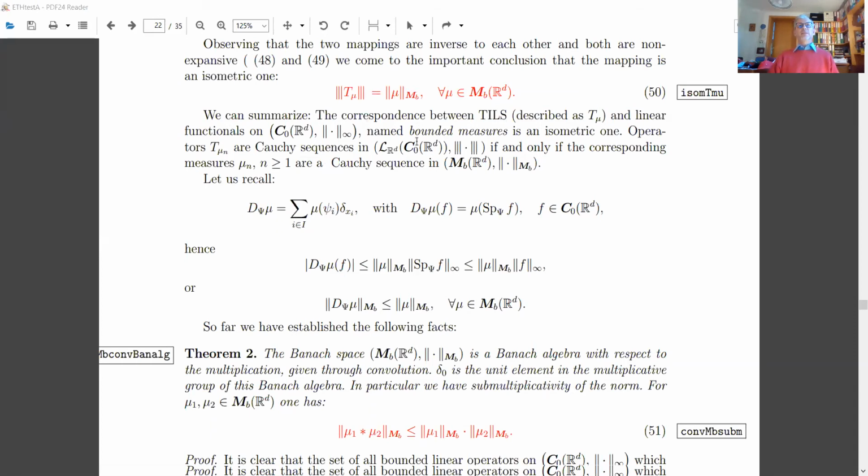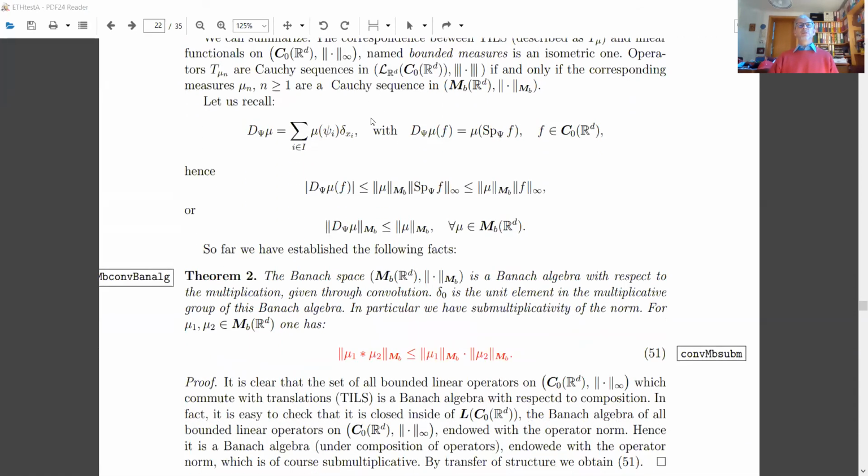Another thing is, and that's the big difference between discrete and continuous signal processing. In the discrete setting, every kind of functional is more or less an infinite row vector, and the signals on the discrete setting are sums of unit vectors. And unit vectors are just shifted versions of the basic unit vector at 0. So you can say that everything is understood once you know what a translation invariant linear system is doing on the Dirac measure.